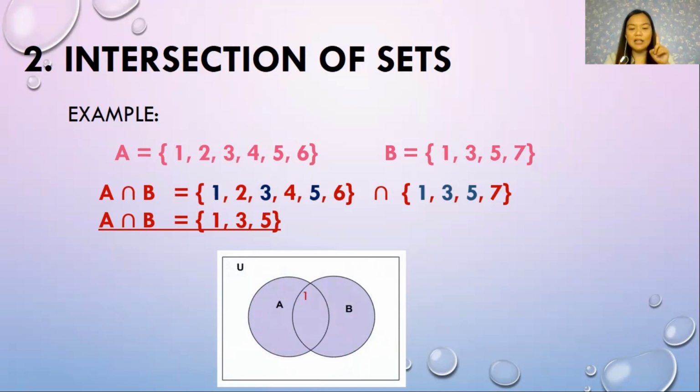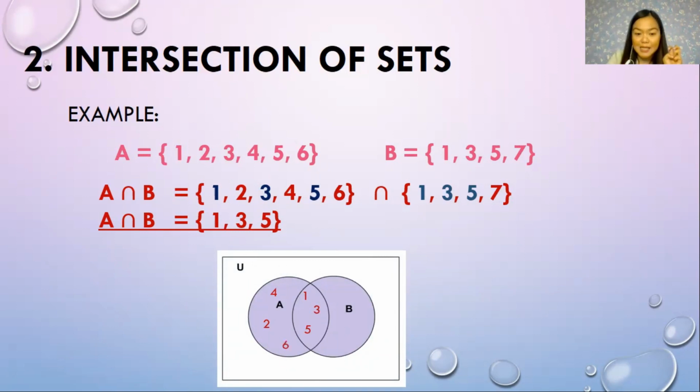1. Linagay ko na yung 1 doon kasi nandun siya sa A, nandun din siya sa B. Ganon. Then, 2, wala siya sa B, so outside B. So, dun lang sa A. Yung 3, nandun din sa B, nandun sa A, so sa gitna siya. Yung 4, wala sa B, kaya dun lang siya. And then, 5, both.